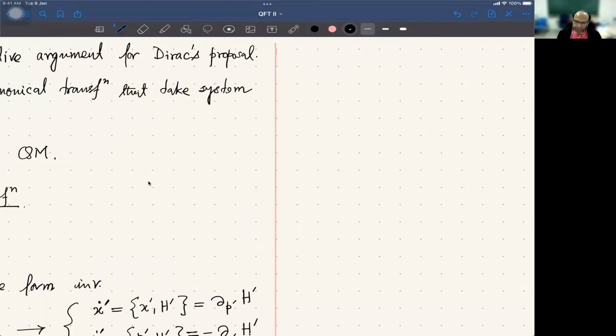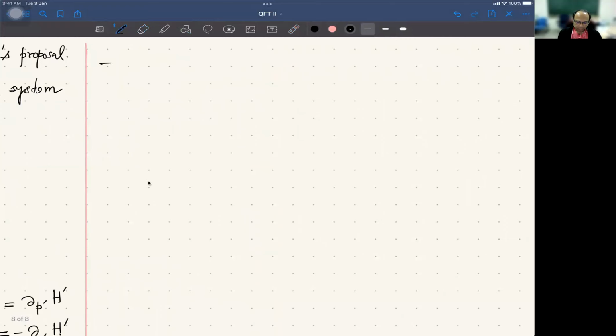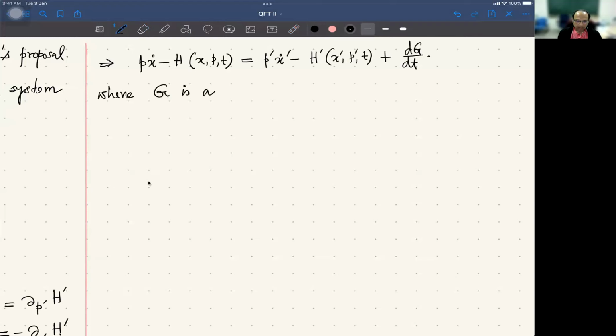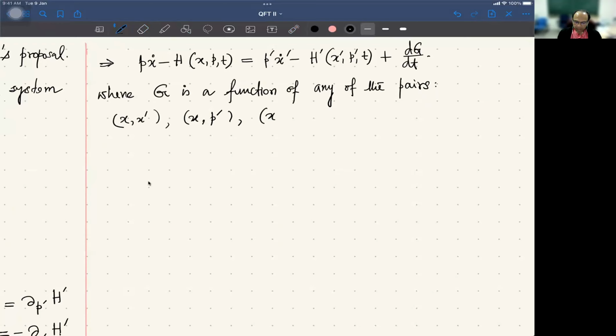Therefore, we conclude that p x dot minus h(x, p, t) is equal to p prime x dot prime minus h prime(x prime, p prime, t) plus dG/dt, where G is a function of any of the following pairs: x, x prime; x, p prime; p, x prime; and p, p prime.